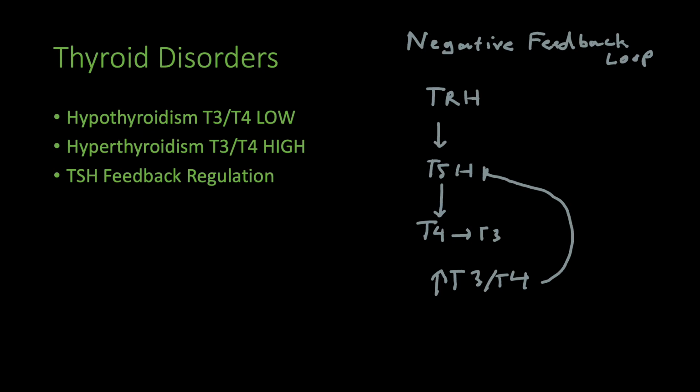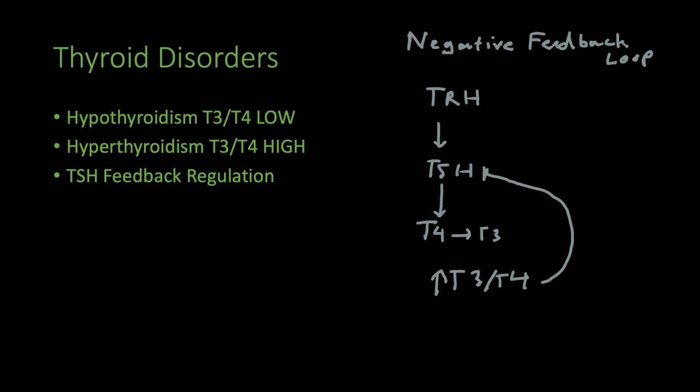So you can see here a negative feedback loop in which the thyrotropin releasing hormone is released from the hypothalamus, and then it signals the pituitary gland to release the TSH. That TSH, or the thyroid stimulating hormone, stimulates the thyroid gland to make more T4 and T3, and then the thyroid releases T4 and T3 to the blood, and T4 is converted to T3.